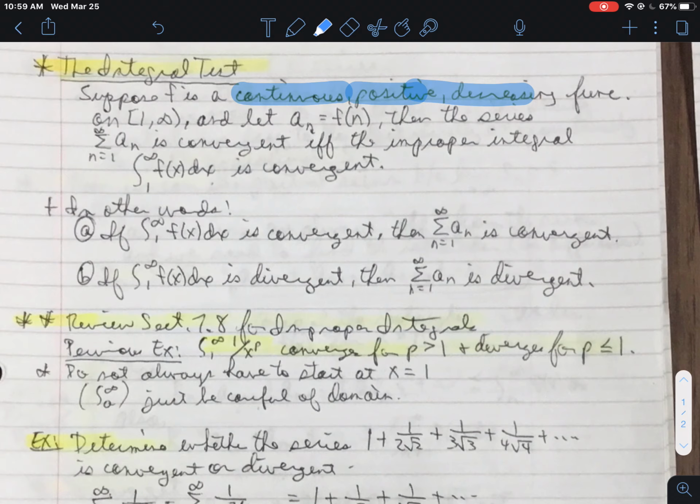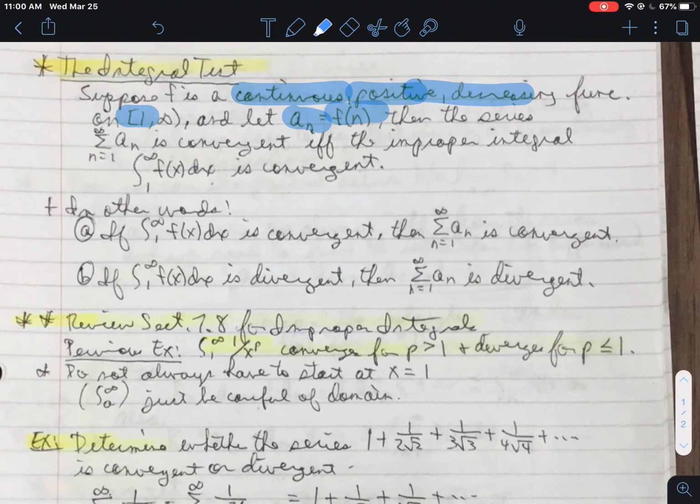Now, we've said this before, it doesn't matter where you start because you're going off to infinity. The left bound is irrelevant. It's all about what happens as this thing approaches infinity. But the general definition is the integral from 1 to infinity, because for our series we're always starting at n equals 1. And we'll let the terms of our series be equivalent to the function values at n.